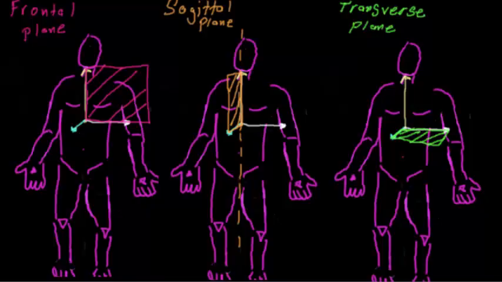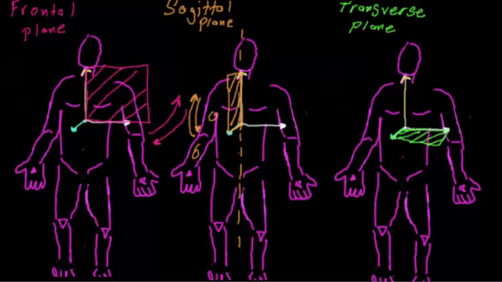So, why are these planes important? You'll see later that these planes give way towards universal motions that we're going to cover later. For example, you'll see the frontal plane has abduction and adduction motions. You'll see the sagittal plane has flexion and extension motions, where you bring your arm towards, like, bringing this part towards this part.